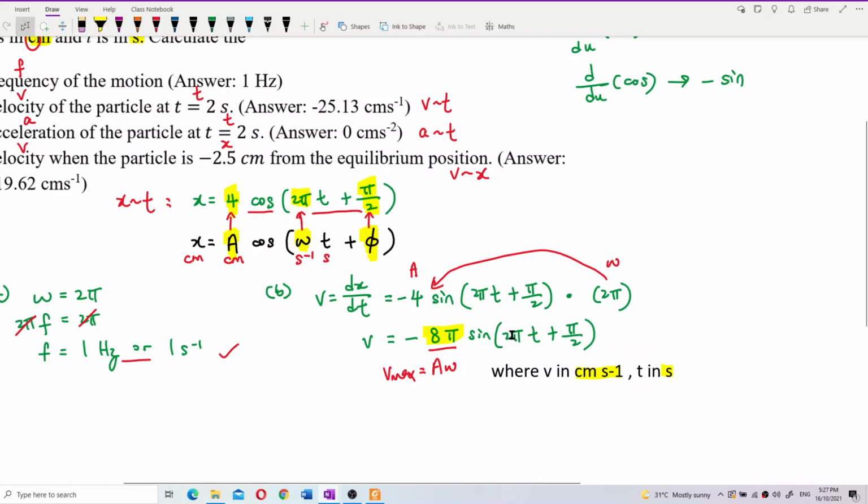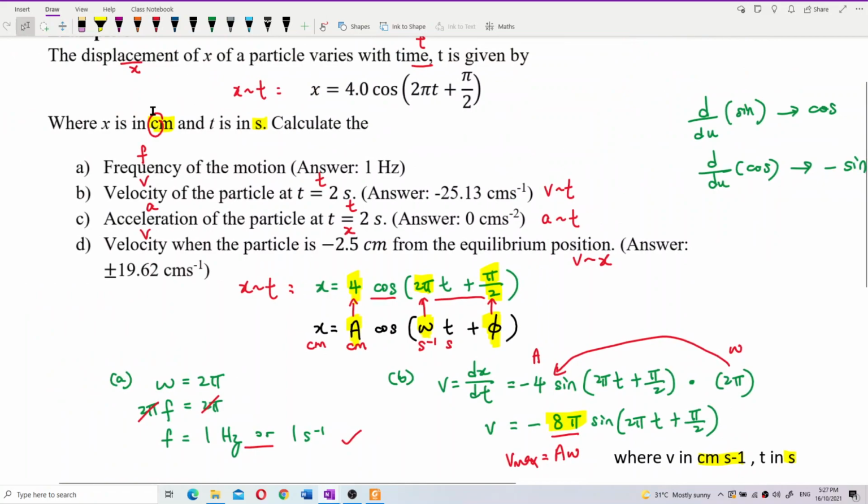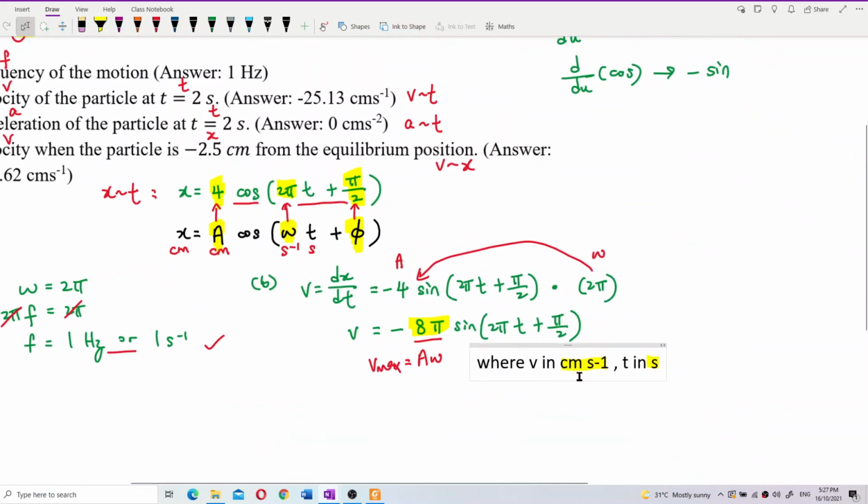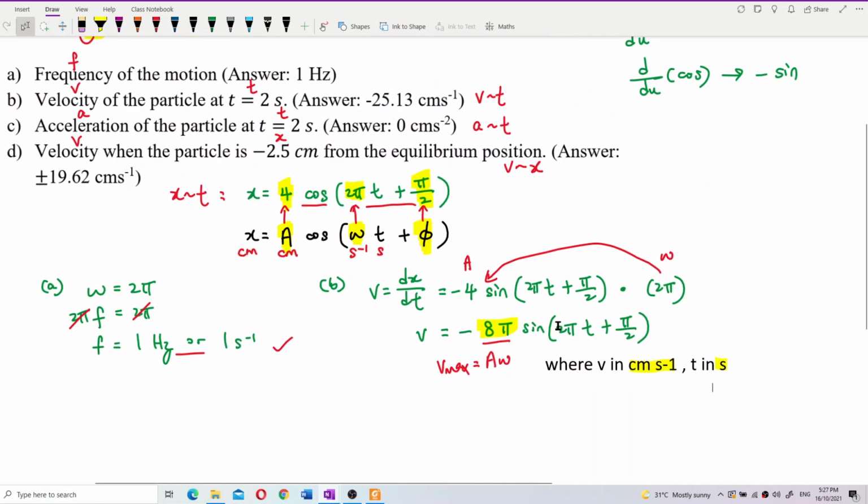Why centimeter per second, not meter per second? Because it follows the displacement. Displacement is centimeter, so the velocity is also centimeter per second. You must give the unit, not just the equation. So this 8 pi is also in centimeter per second.